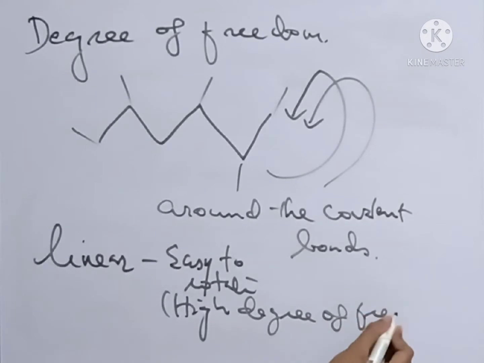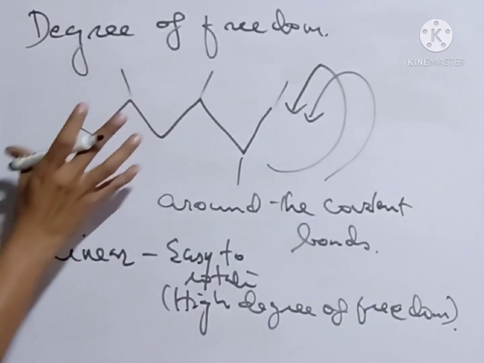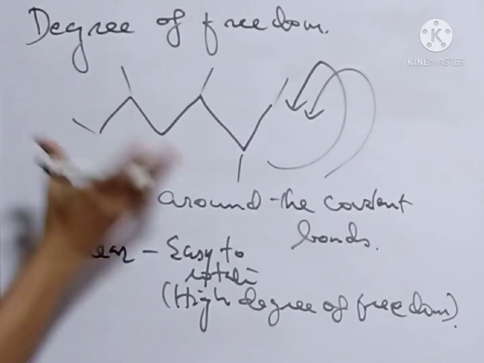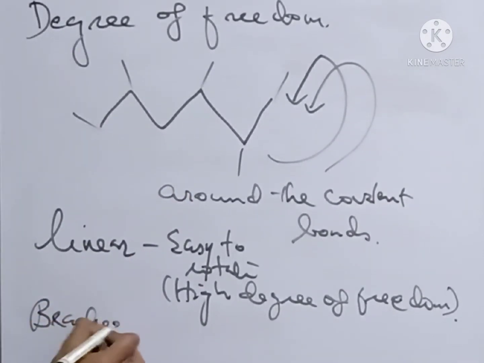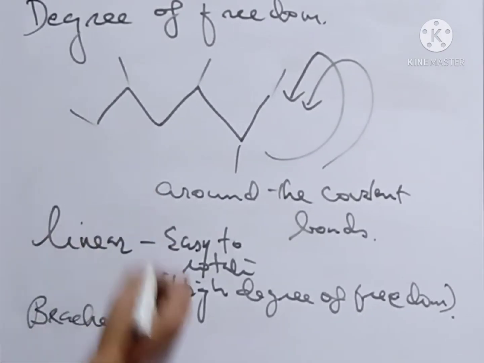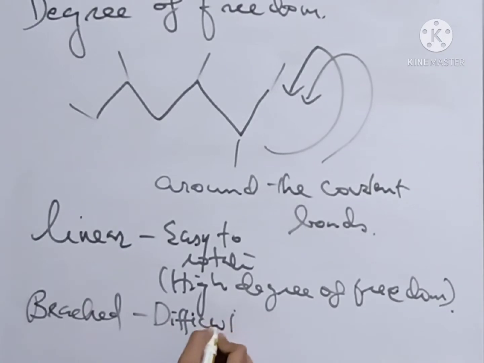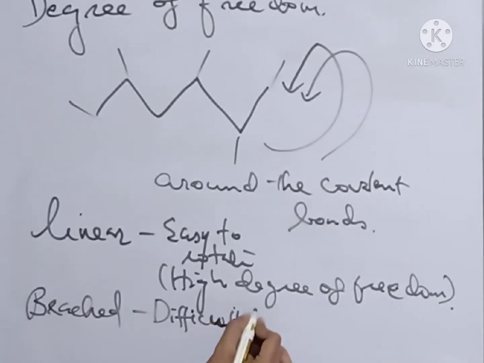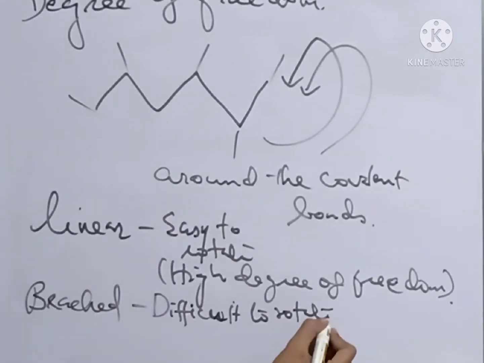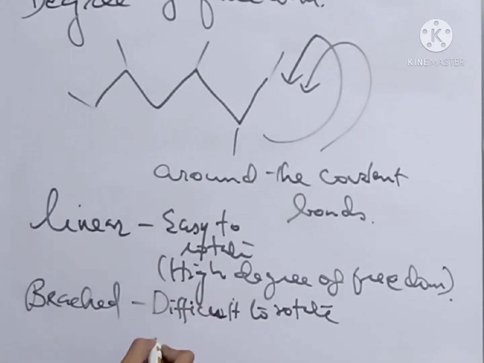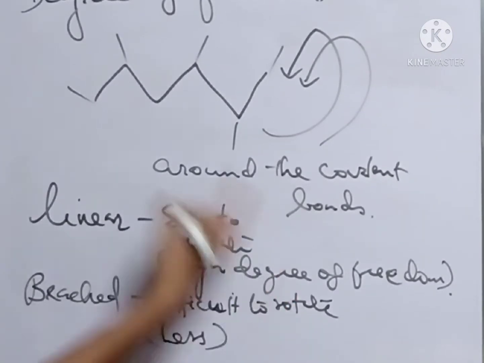But if bulky groups are there as branches, that is, if the polymer is highly branched, then it is difficult to rotate, so the degree of freedom is less.